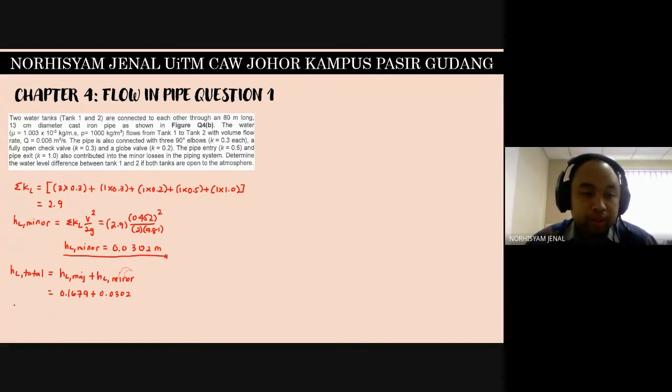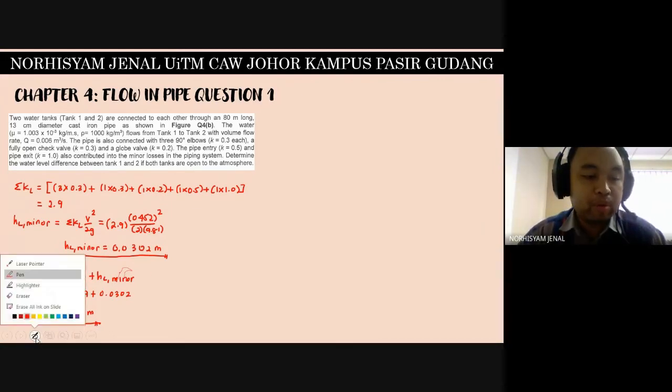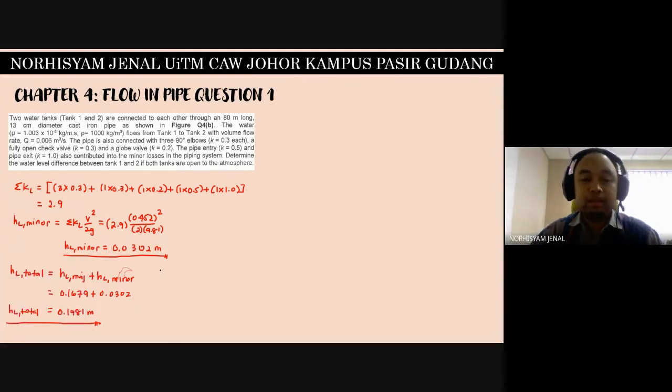So the answer for HL total is equal to 0.1981 meter. Okay, so you can see if you follow the steps as given to you just now in the first slide, you should be having no problem in answering any questions regarding any of the major losses or minor losses.